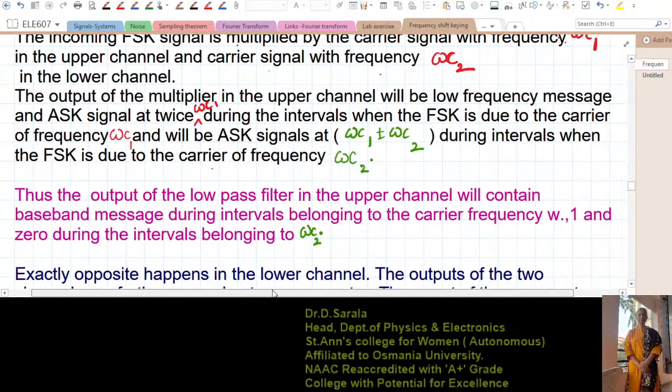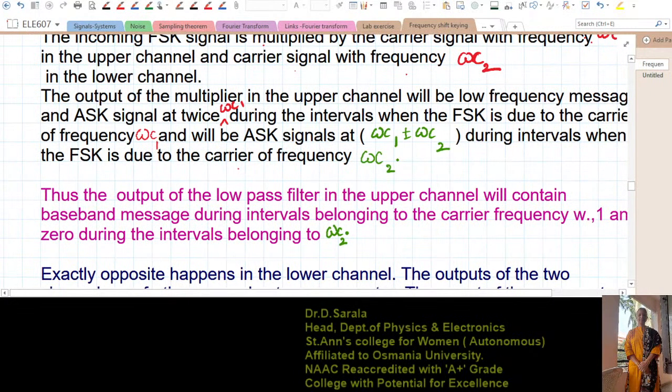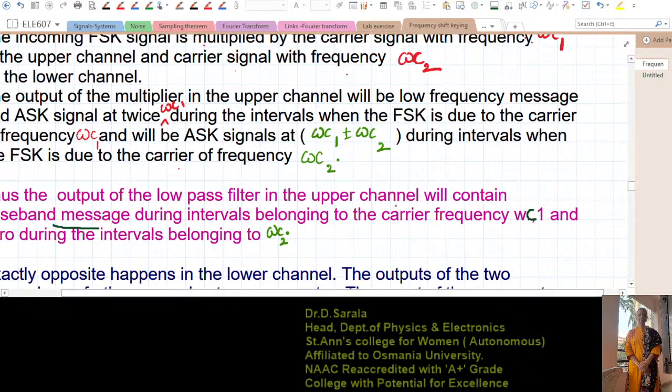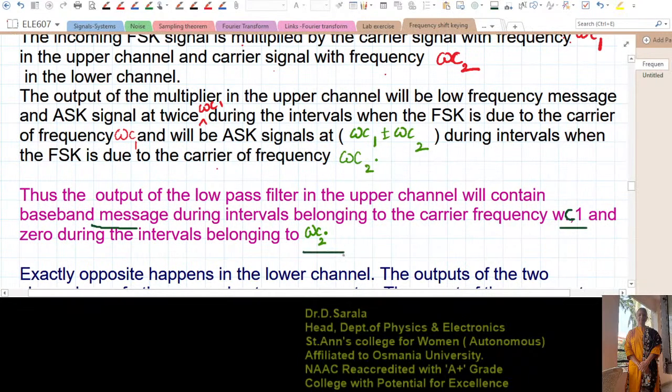So what happens here is the output of the low pass filter in the upper channel will contain baseband message during the intervals belonging to omega C1 and 0 during the other interval. See, when it is passed through upper channel, it will have omega C1 and it is 0 when omega C2 is passed.